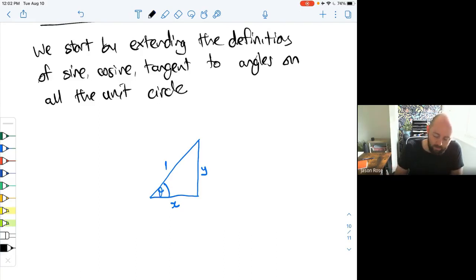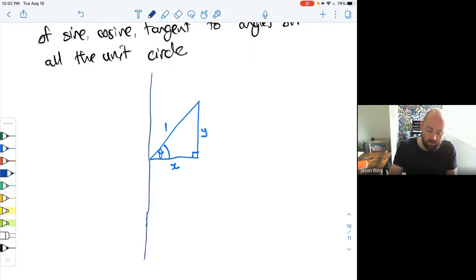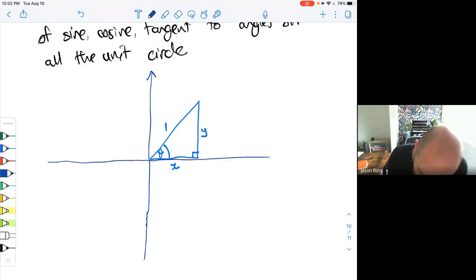Then what I can do is visualize this small right angle triangle, because again I have a right angle right here, inside a larger circle. So I'm trying to just draw in around it here. Let's say that this point right here is a point on the circle. Here's where I'm going to struggle to draw a nice circle.